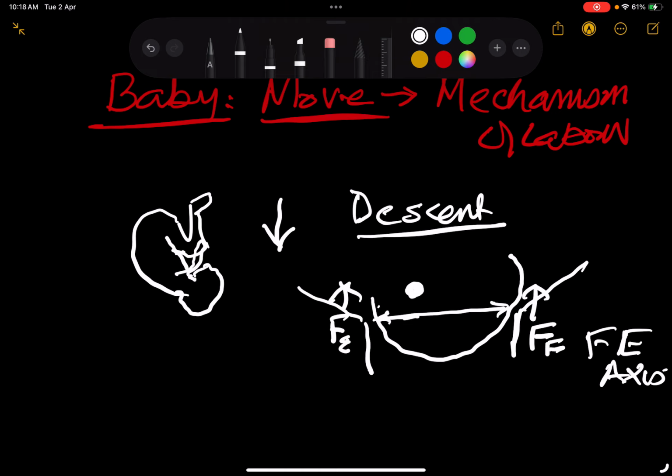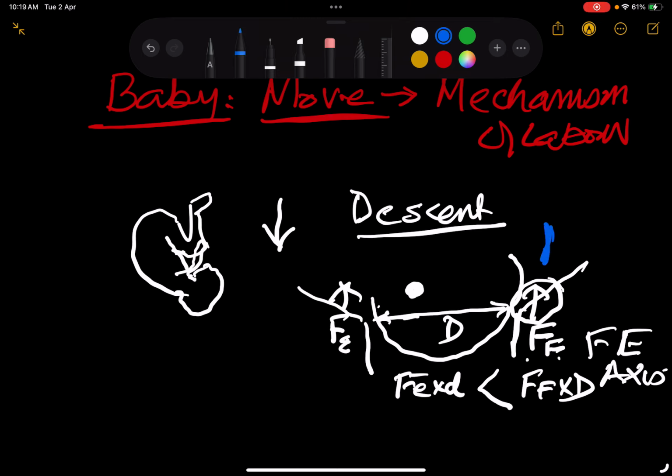So moment of Fe over the axis would be Fe into the small d, and this will become lesser than this forward Ff into that big D, and therefore this flexion force will win. This force will win, and the head will flex.